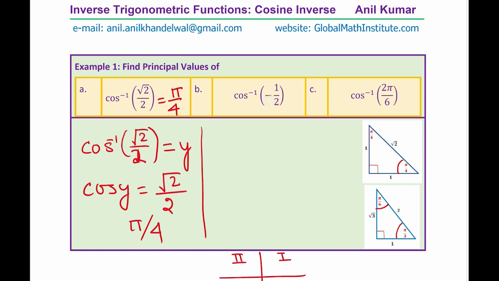Now when we say minus half, so looking into this, cos being half, the angle being pi by 3. So we know the angle is pi by 3. However, it is cos inverse of negative half. So the negative value is in quadrant 2. How do we get this solution? Can you tell me? So it is kind of like this. The related acute angle is pi by 3, right?